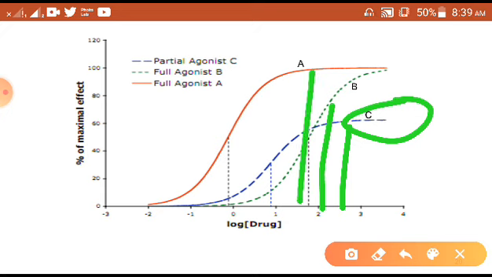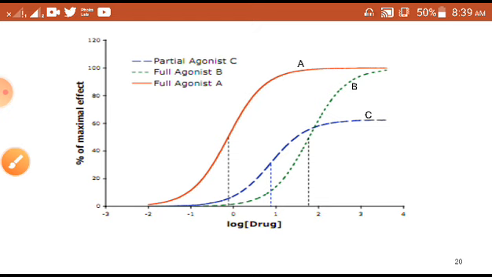So the effect is very low, while the dose used by C is almost the same as what the full agonist B has used. So you could have understood what a partial agonist is.